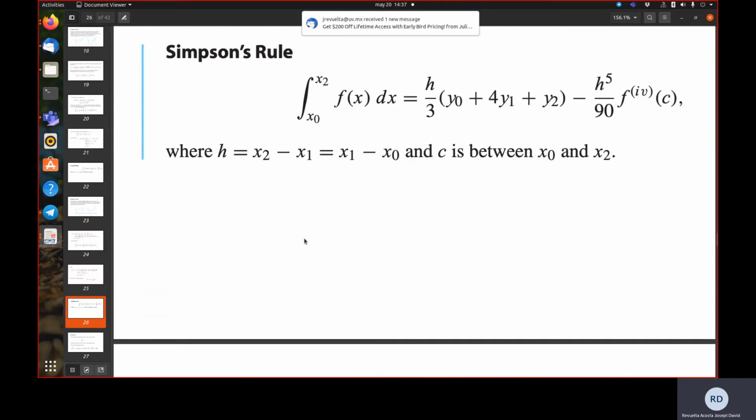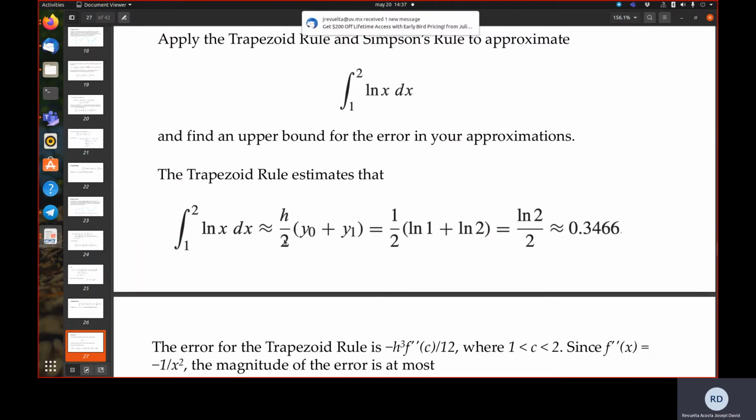So x1 minus x0 is going to be equal to how much? To 1. So we have 1 divided by 2. And of course, y0 is equal to what? To the natural log when x is equal to 1, plus the natural log when x is equal to 2.